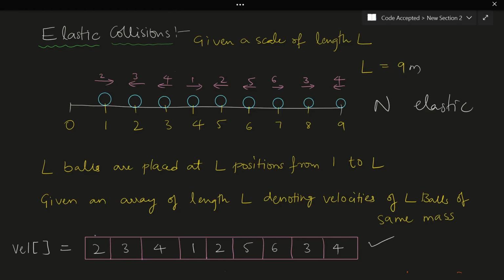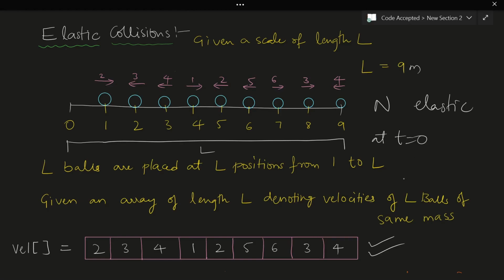Just visualize this as a table of length L, and the balls are placed at different positions on this table, and at time t equal to 0, the balls are released with these velocities.